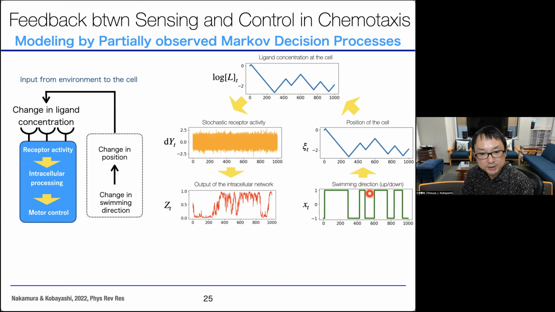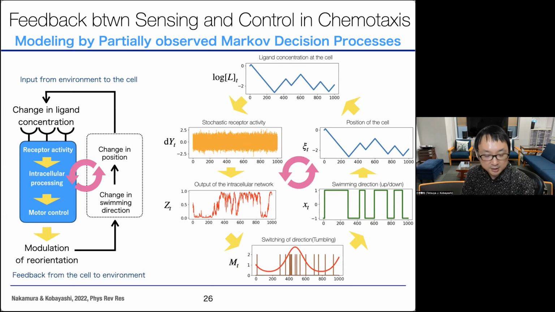Therefore, this switching was assumed to be independent of the sensing process of the cell. But in reality, after sensing, the cell modulates its motor control. This leads to the reorientation of the swimming. And therefore, the sensed information should affect the swimming direction. So there is a kind of feedback loop in the system due to the sensing and also the subsequent control.